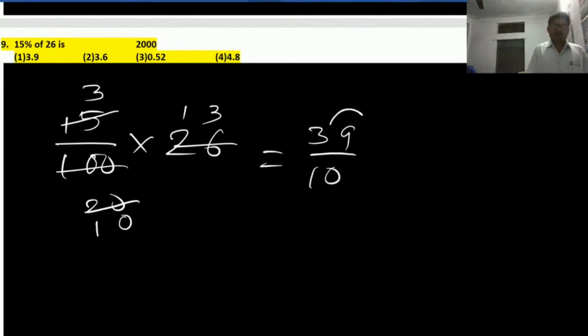To divide by 10, shift the decimal to the left by 1 place. So 3.9, option 1.